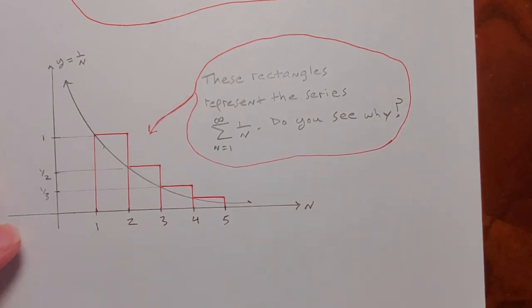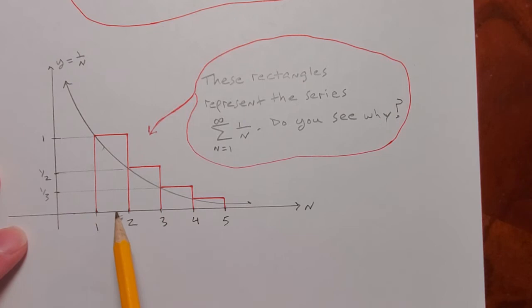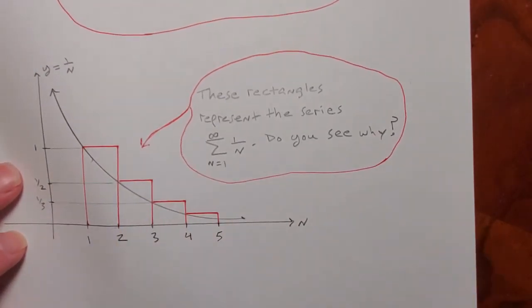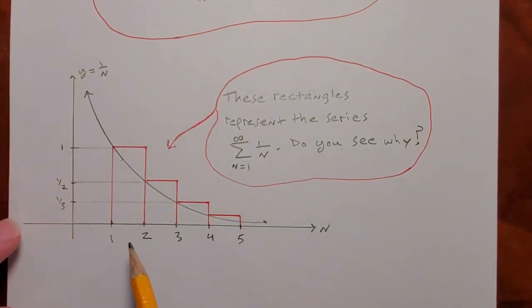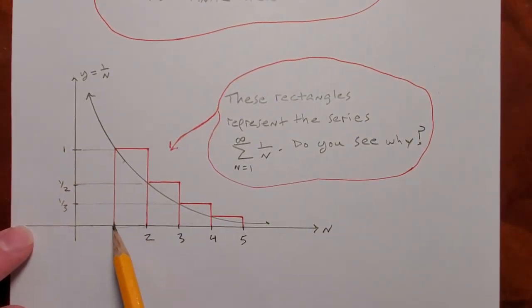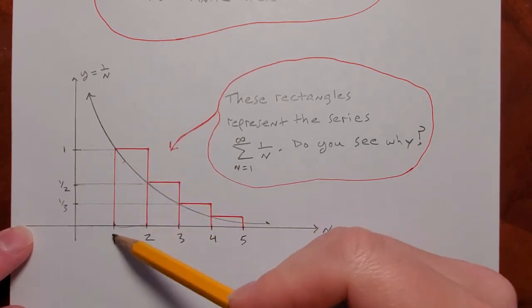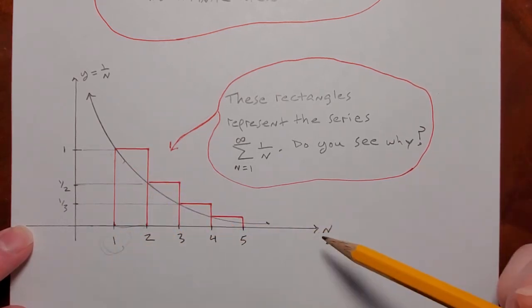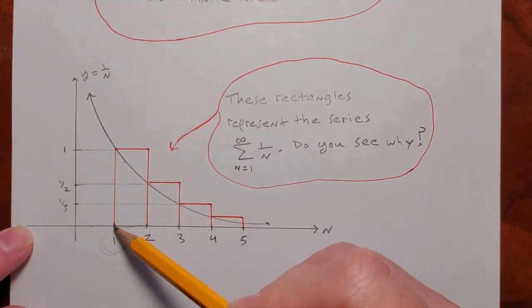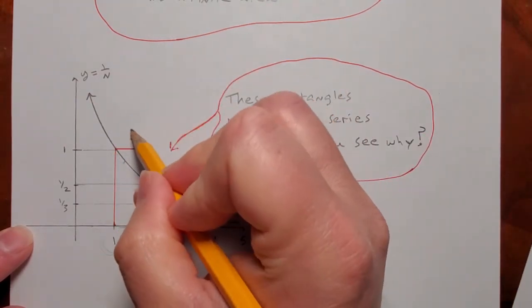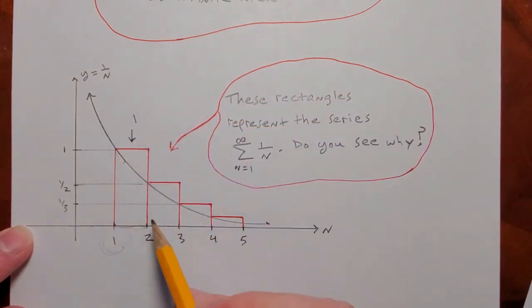Well, how big is this first rectangle as I've imposed it on this curve? What's its area? It's 1 space wide, and if I put 1 for n, then y will be 1. So it's 1. And then what about this one?